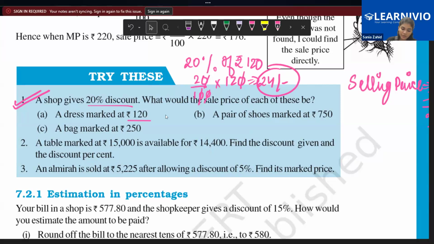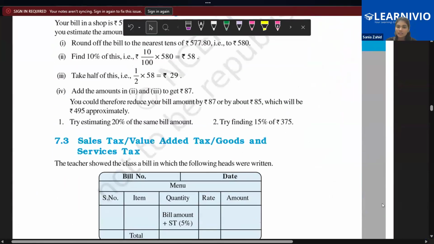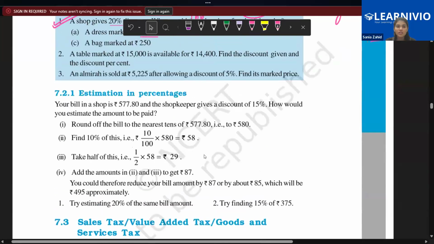Will you have to make a PDF of it? No, ma'am. I have to click the pictures for that. Okay, so do one thing, just send it to me after this class. For the next class, I'll take up the questions from your reader. Are they different kinds of questions? Are they not related, ma'am? They are related, but they are more questions. Some of them are a little different. You can send the photo of your reader after this class.